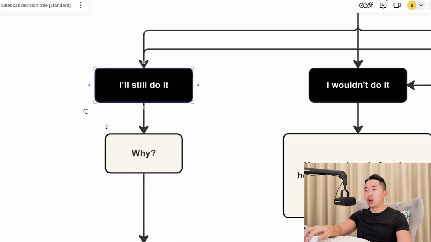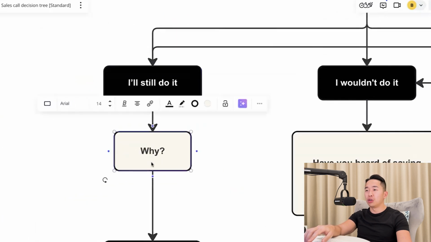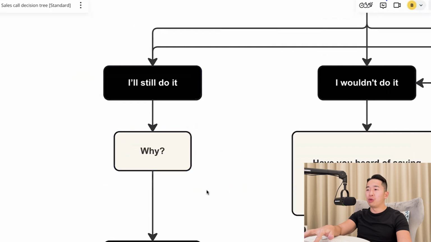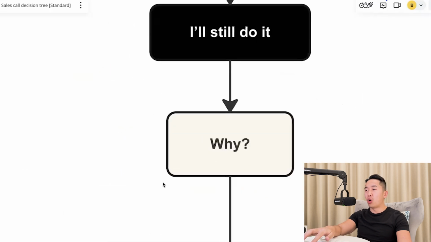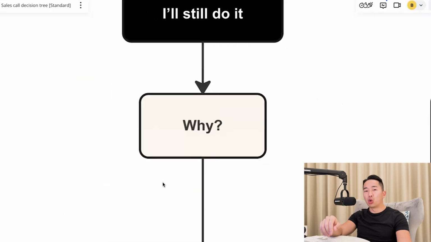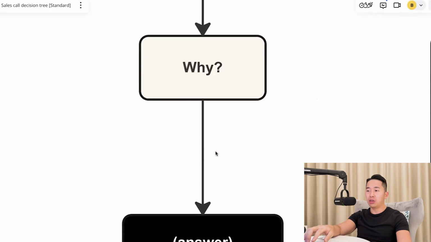Now, if they say, well, I'll still do it regardless, you say, well, why? Now, if you remember, we ask why or why not on things in order for us to help them solidify that idea. Because when you ask, oh, why would you still do it? Now they're going to do what? They're going to tell you, but more importantly, convince themselves why they'd still move forward even if their partner said no, right?